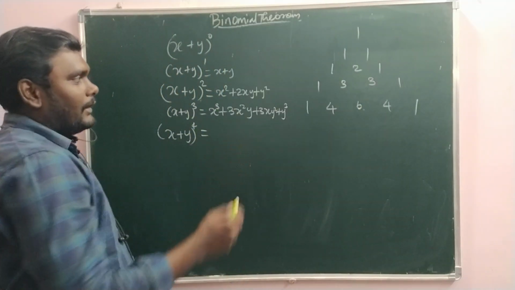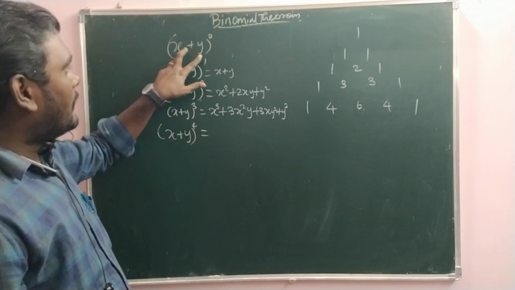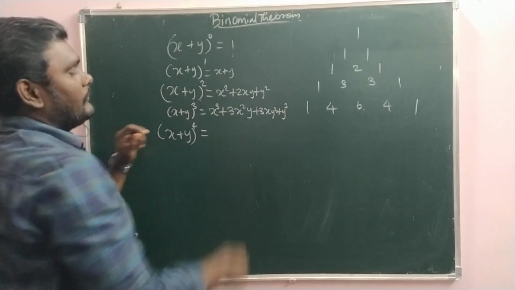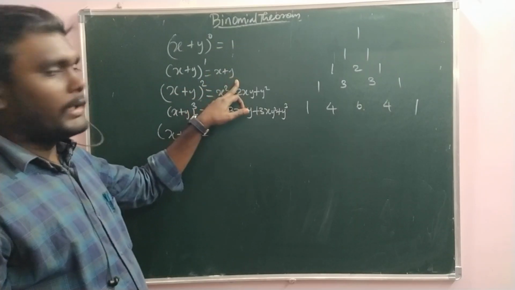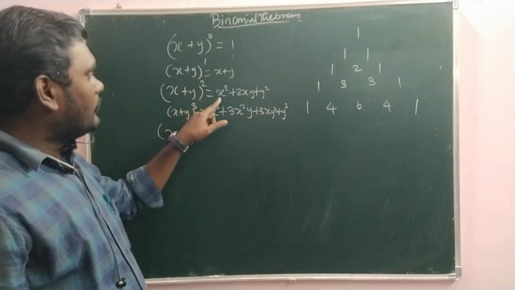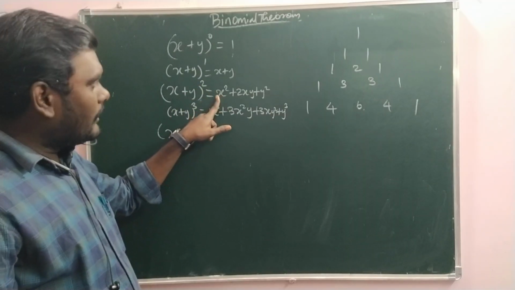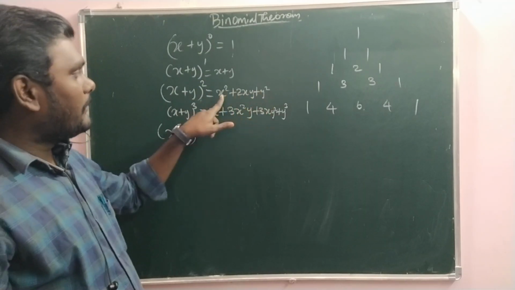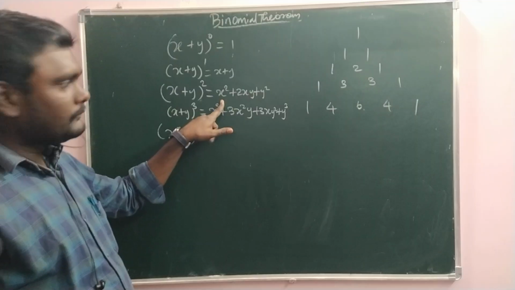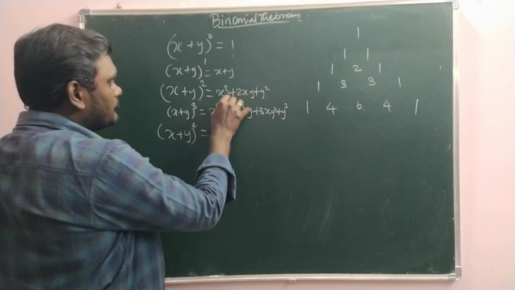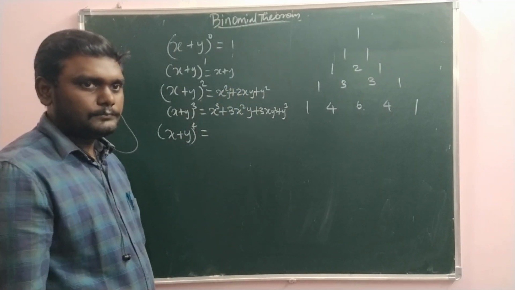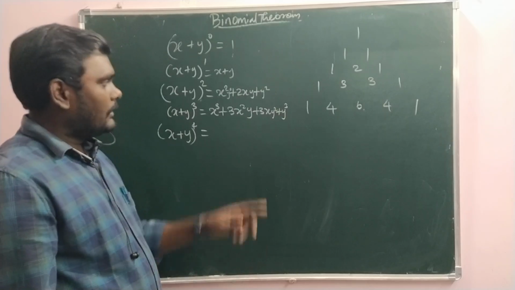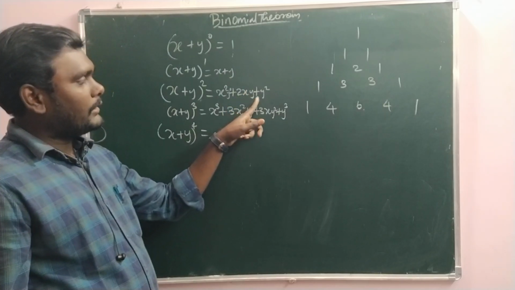See, as you observe the pattern, if the power is 0, we get 1. Okay. If the power is 1, that is x plus y. Alright. The power is 2, x square, and then 2xy plus y square. That means here also y is there, with y power 0. And here x power 1, y power 1.